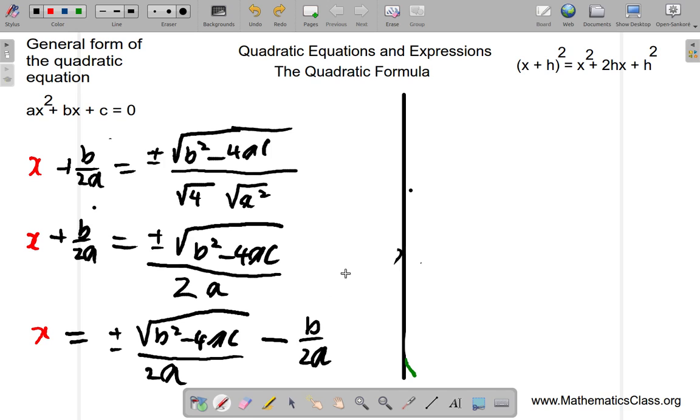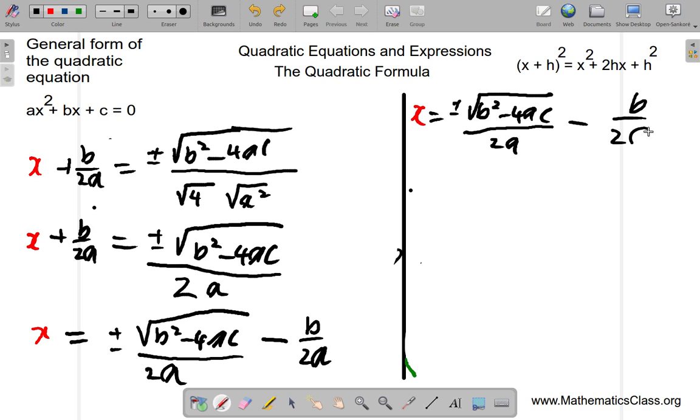Now we say x equals plus and minus the square root of b squared minus 4ac over 2a minus b over 2a.